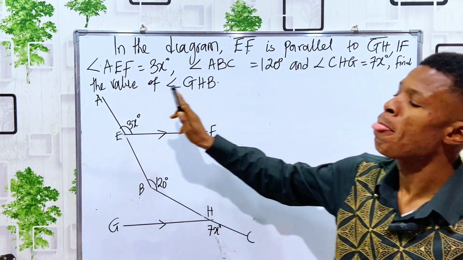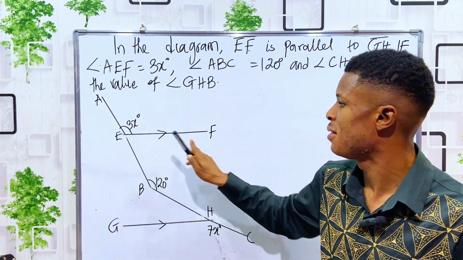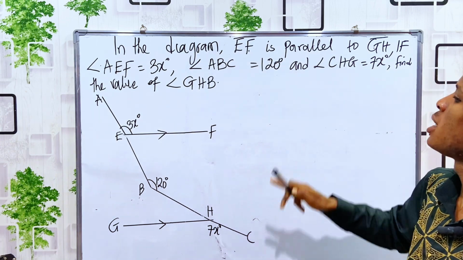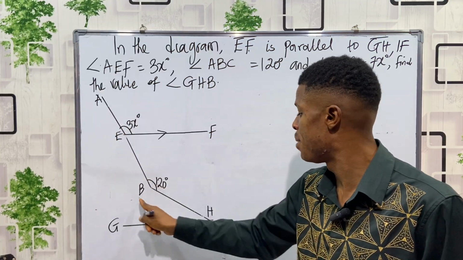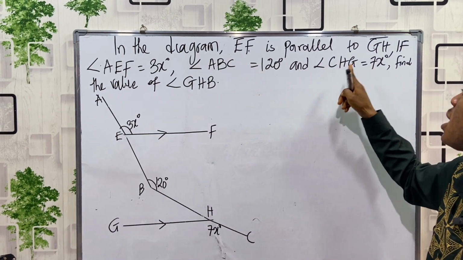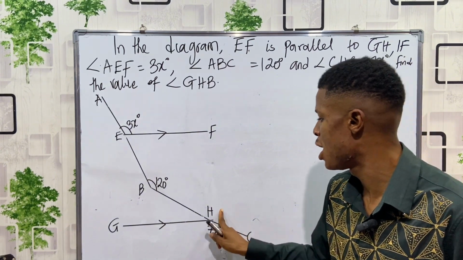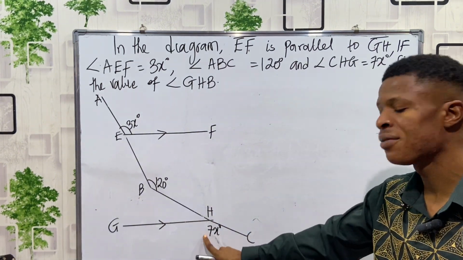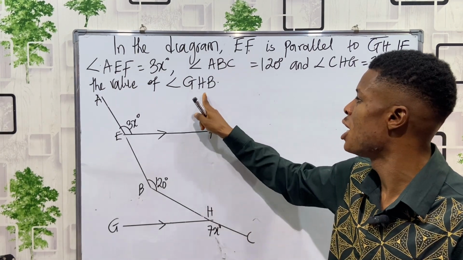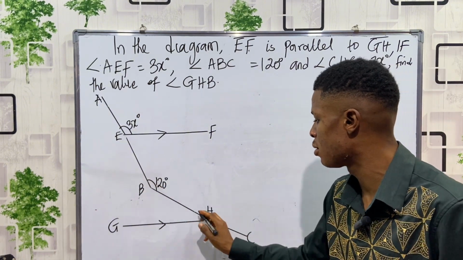And if angle AEF is 3x degrees, angle ABC is 120 degrees, and angle CHG is 7x degrees, find the value of angle GHB. Angle GHB. That's the angle here.